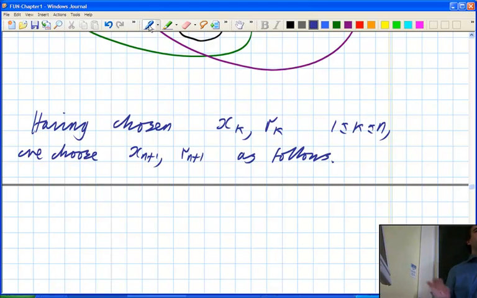And they'll have been nested so far. And I want to make sure they stay nested. Actually, I'm going to make sure each new closed ball is contained in the open ball from before.